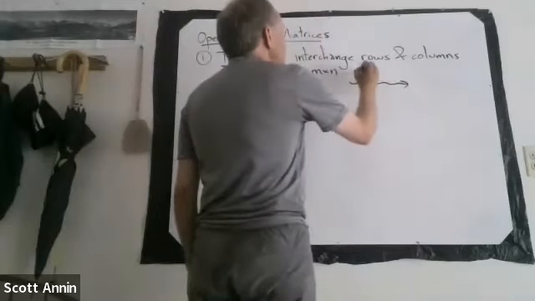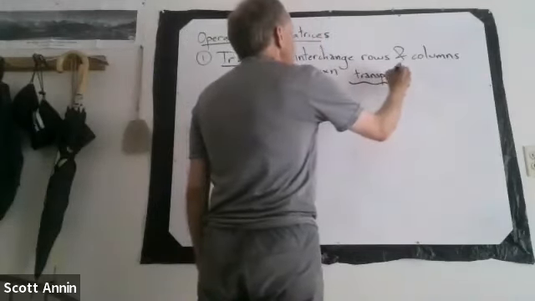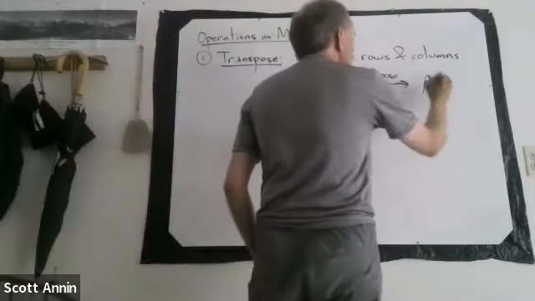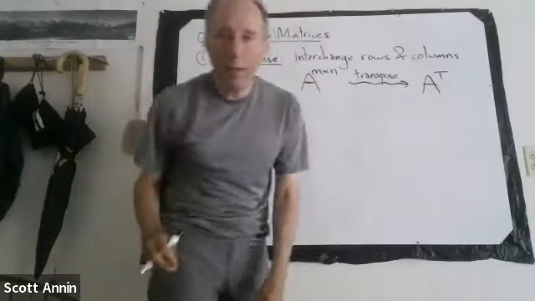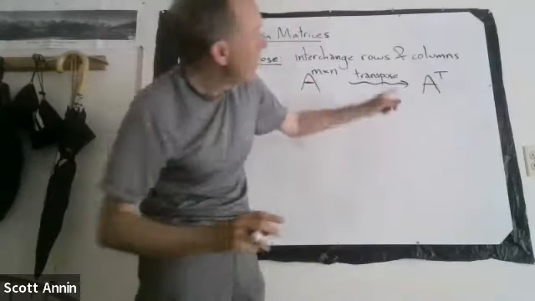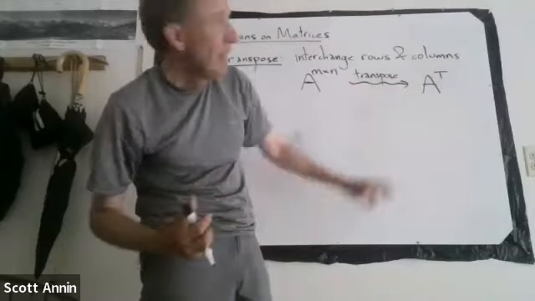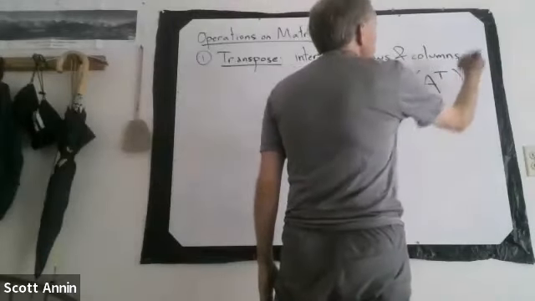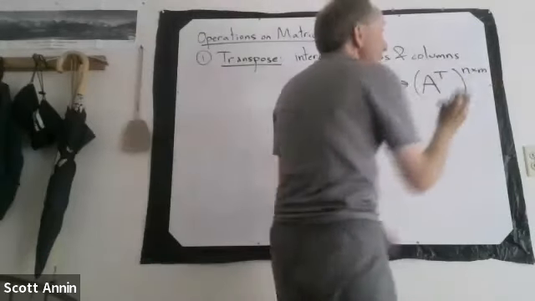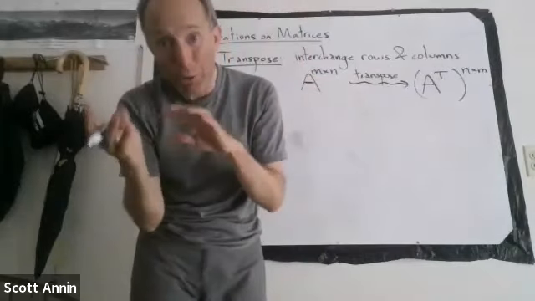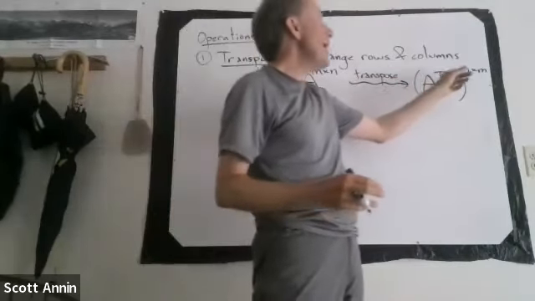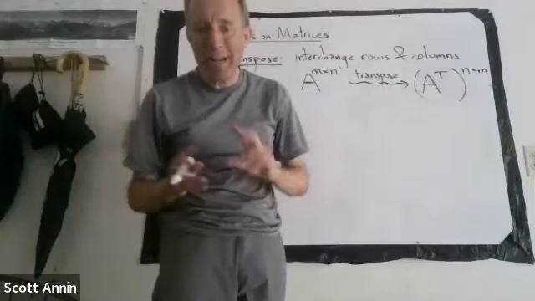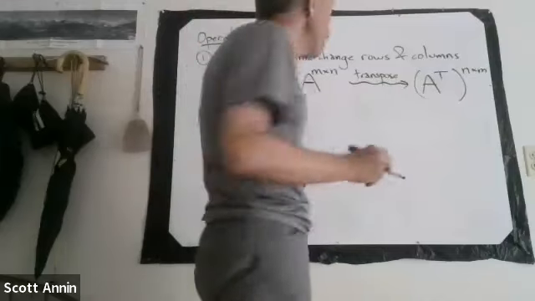When I do the transpose, I'm going to turn rows into columns and columns into rows. There's a notation for this. We write it as an A with a little T after it, almost like an exponent, though it's not really an exponent. That means I'm transposing the matrix. And because I've reversed the roles of rows and columns, the new matrix would have N rows and M columns. So the M and the N get switched.